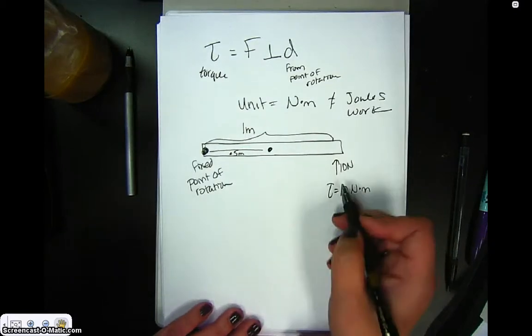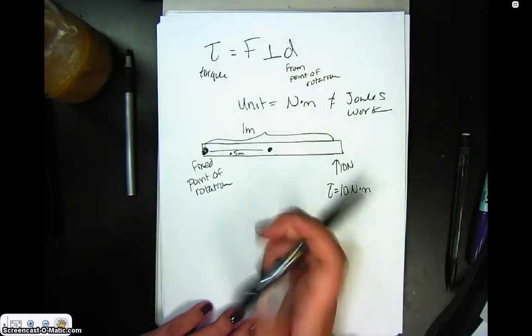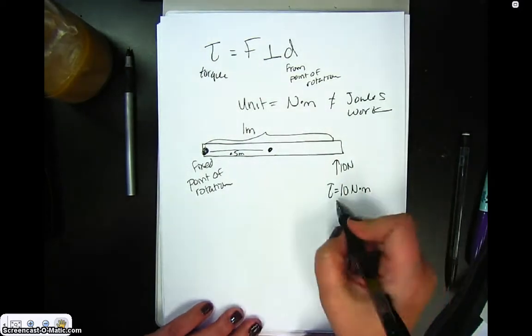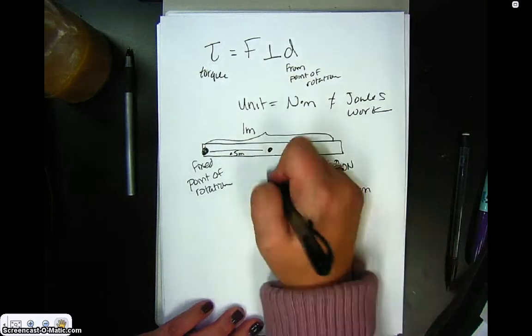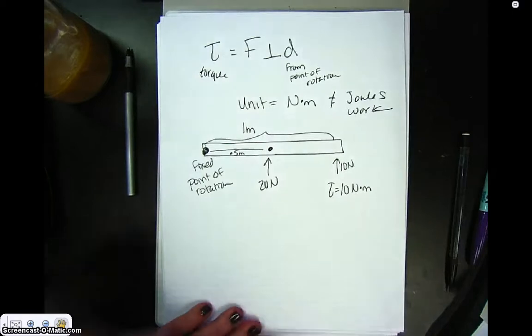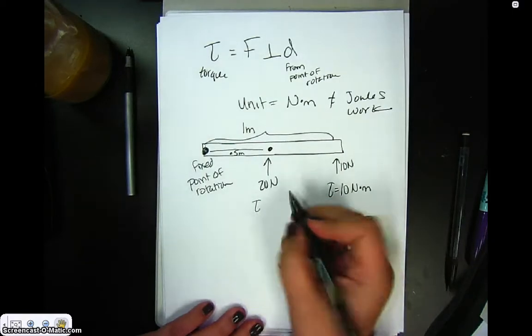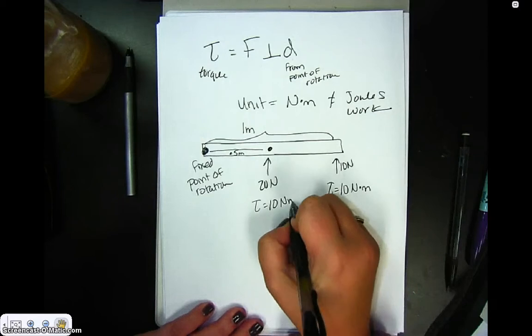It's going to require more force. If you're closer in, it's going to require more force to get that to swing around. So if I wanted to create 10 newton meters of torque at half a meter, I'd actually have to exert a force of 20 newtons at that location. But I would get the same amount of torque, which is 10 newtons times meters.